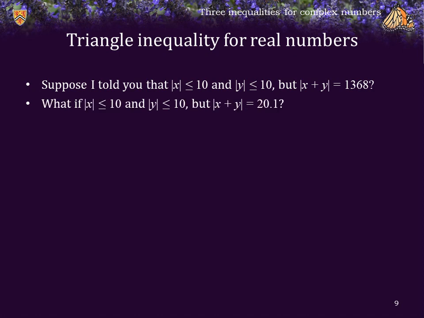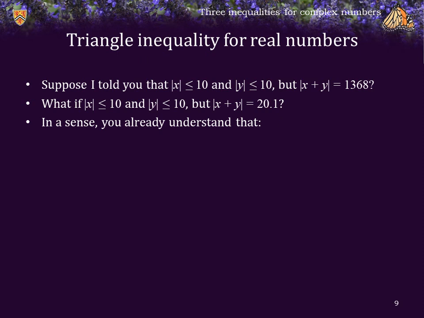In fact, if I told you that the absolute values of x and y are both less than or equal to 10, but x plus y has a magnitude of 20.1, again, you probably wouldn't believe me. Because after all, if x and y are as large as they could be, which is 10 and 10 respectively, the largest value that would be is 20, which is less than 20.1.